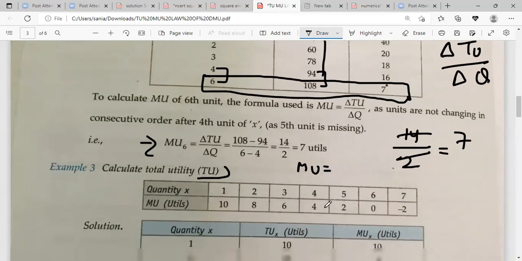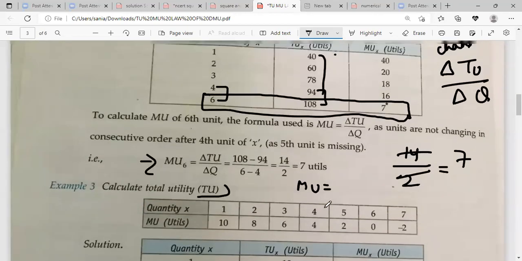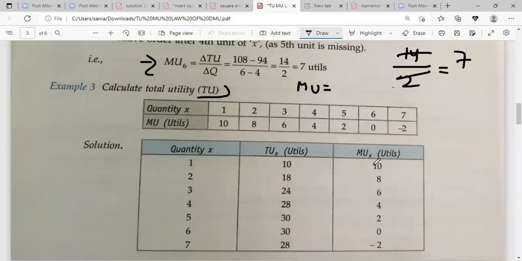Okay, I'll just help you. With the first one, then you can find it out. So see, basically MU is given, right? So earlier what you were doing, this is your formula, TUN minus TUN minus 1, right? So now MU is given. This is for example 10.